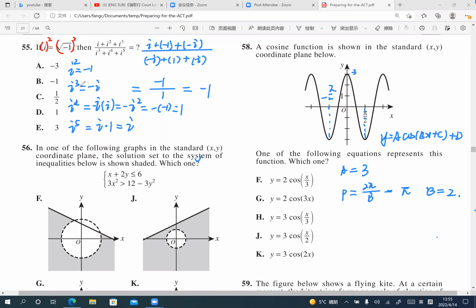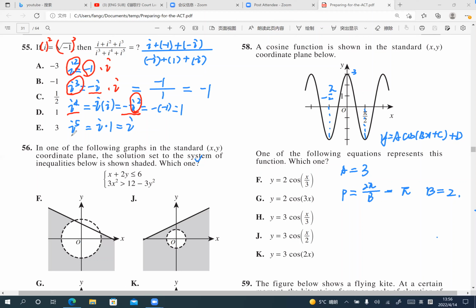And i cubed should be equal to i squared times another i, which is -1 times i equals -i. And i to the fourth should be equal to i cubed times another i, which is -i times i equals -i squared. And i squared equals -1. So it's negative times -1 equals 1.